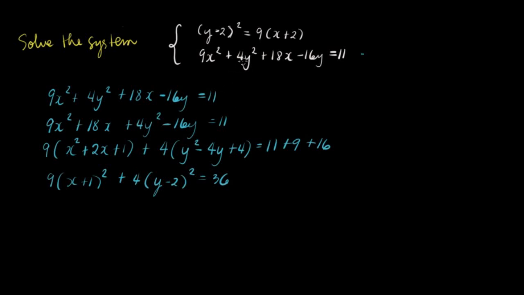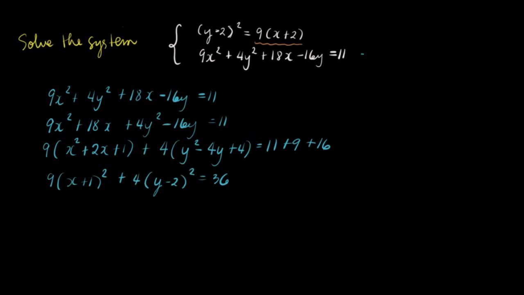So, parehas na siyang merong y minus 2 quantity squared. So, pwede mo nang ipalit itong buong to. You can now replace this. Pwede mo nang ipalit ito dito sa y minus 2. Okay?